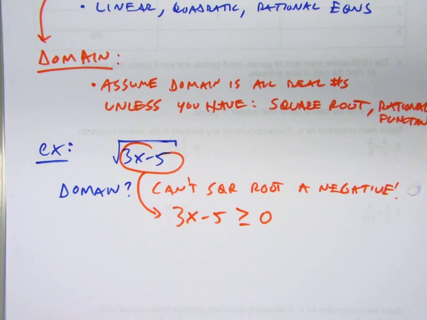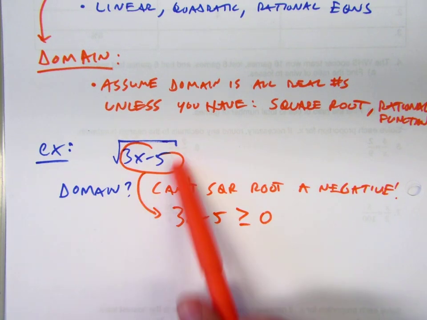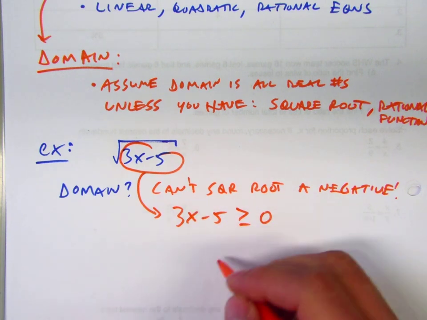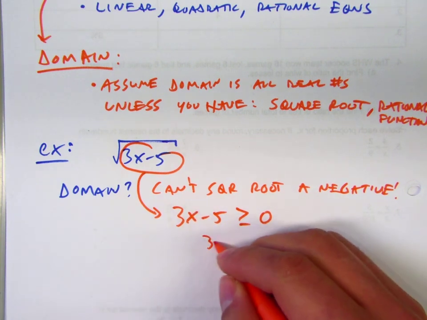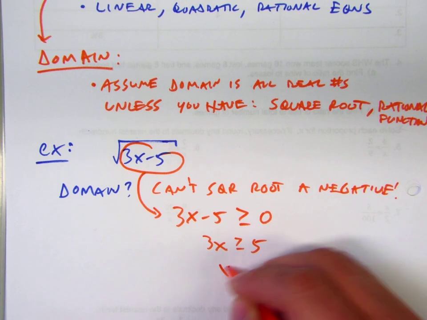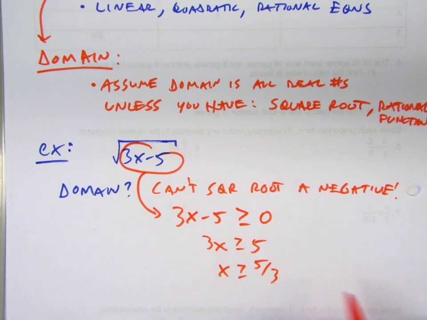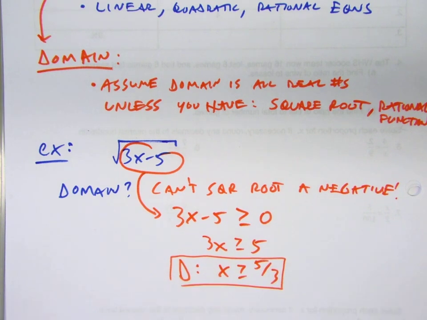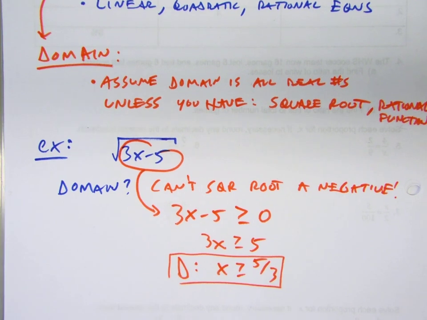If you can't have a negative in there, whatever this is has to be 0 or higher if we're going to do anything with that. And from here, you just solve for x. So add 5, divide by 3. You get that the domain is x is greater than or equal to 5/3. Any questions on that?